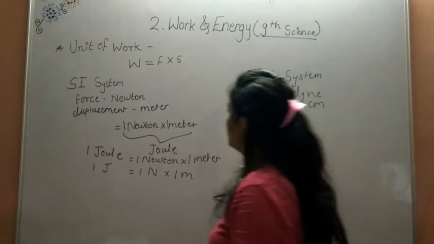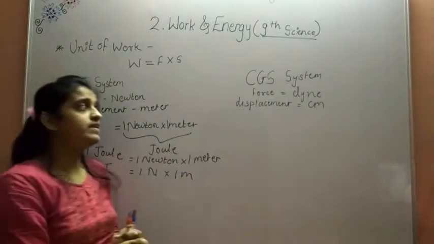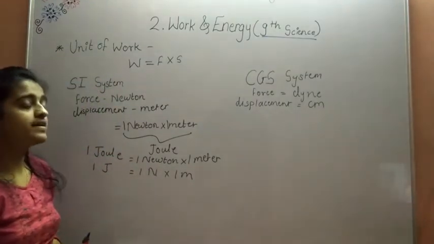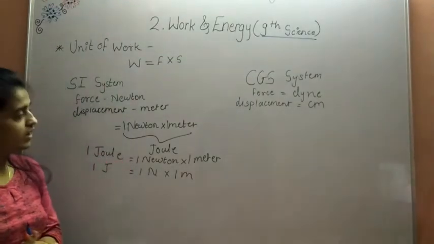In the CGS system, how do we calculate work done? Force is measured in dyne and displacement in centimeter. So if a force of 1 dyne displaces an object by 1 centimeter, together we call this work done of 1 erg.